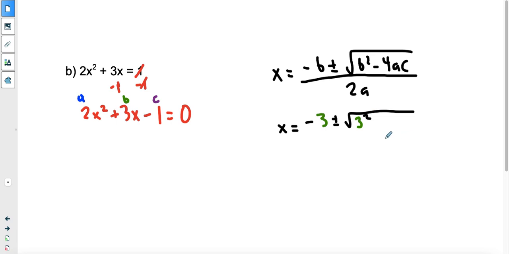My a value here is 2, so I'm going to plug in 2 for a. And my c value is -1, so I'm going to plug in -1 for c. And I'm just going to divide this all by 2 times a, or 2 times 2.